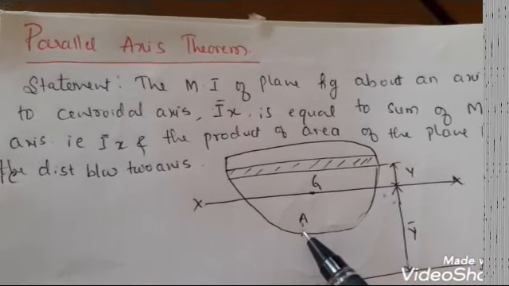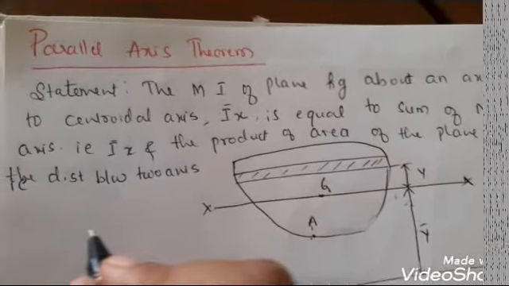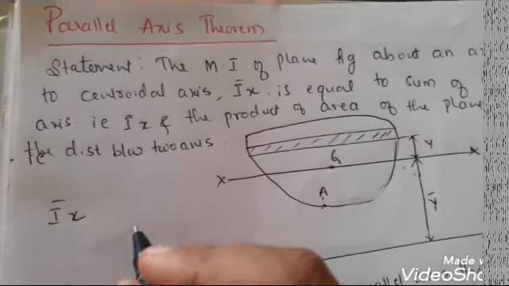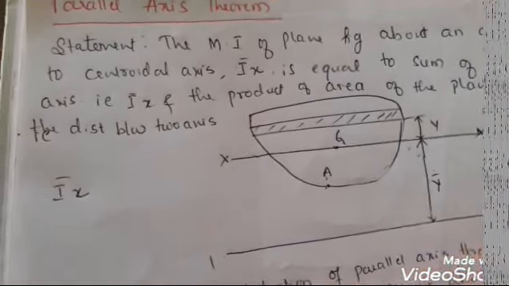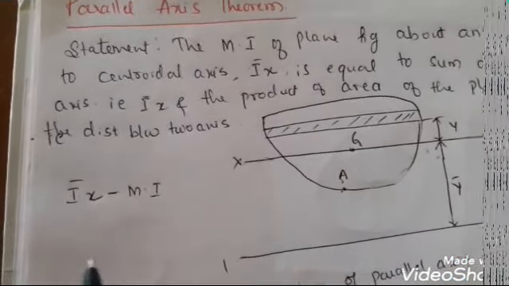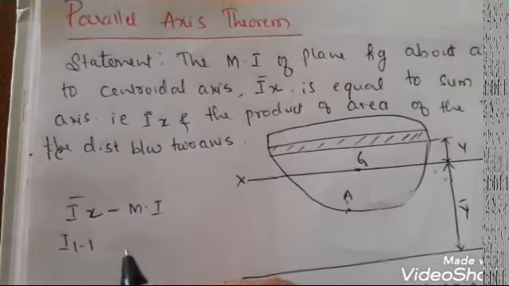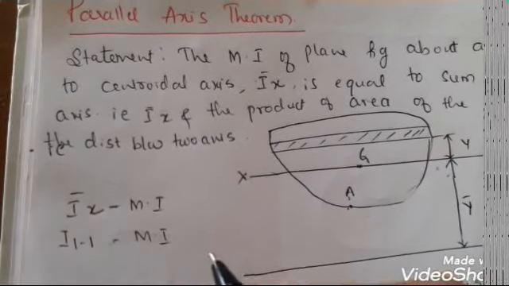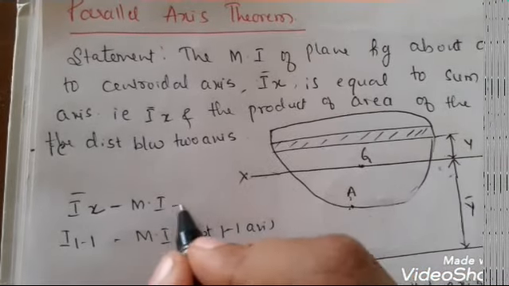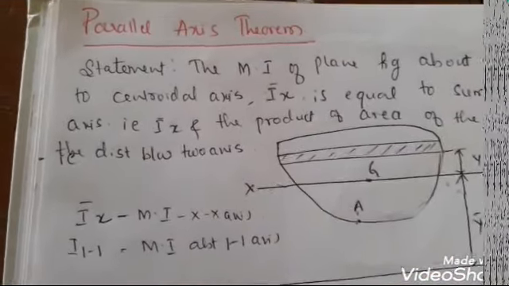Let I bar x be the moment of inertia about the x-axis, and I11 be the moment of inertia about axis 1.